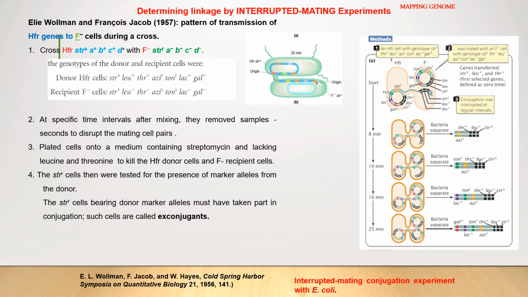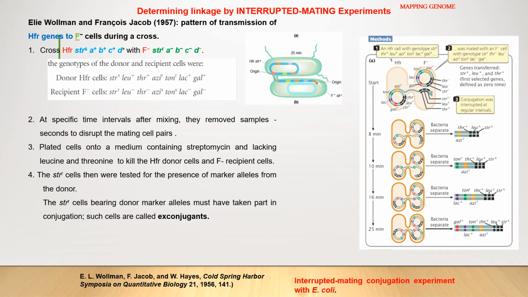The percentage of streptomycin-resistant, leucine and threonine positive cells that received specific alleles was plotted against the duration of conjugation. It was observed that a latent period of 8 minutes was required for the conjugating cells to make contact.